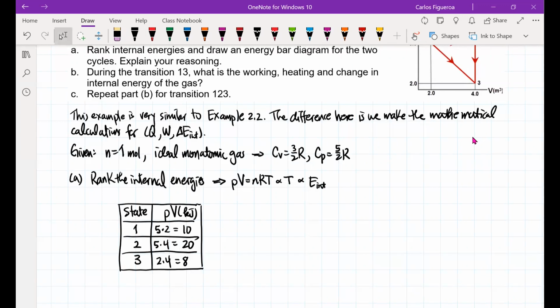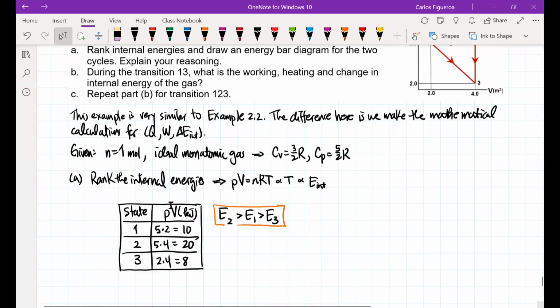This immediately tells me that the internal energy should be 2 is greater than 1, which is greater than 3. So now I know my rankings. I can see that as I go from 1 to 3, there's a decrease in internal energy.